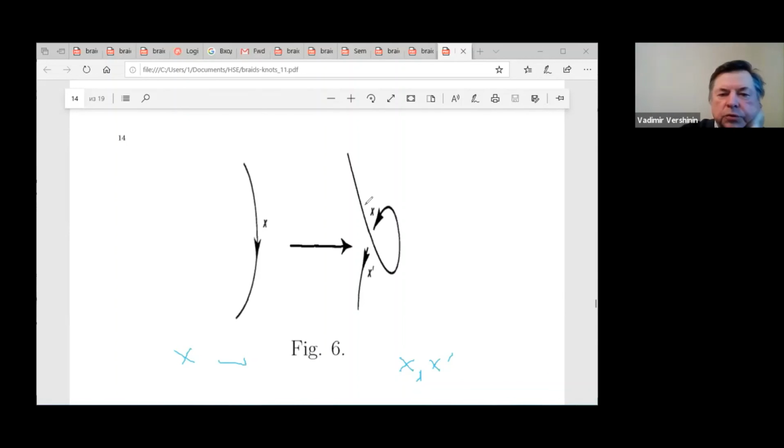So what should we do? We should make a picture of our crossing and move in the positive direction.